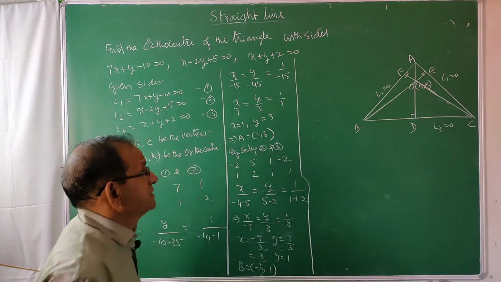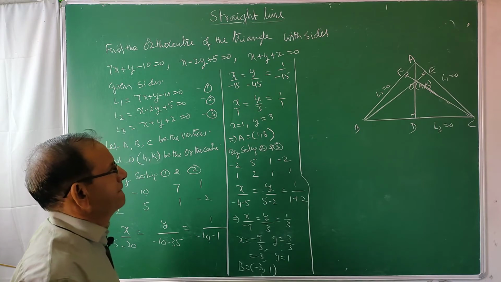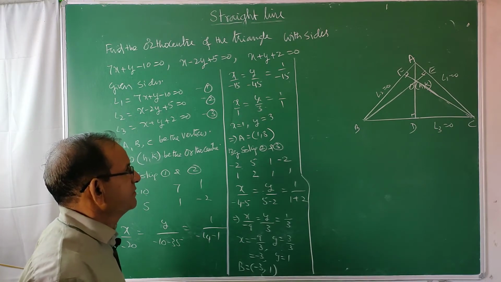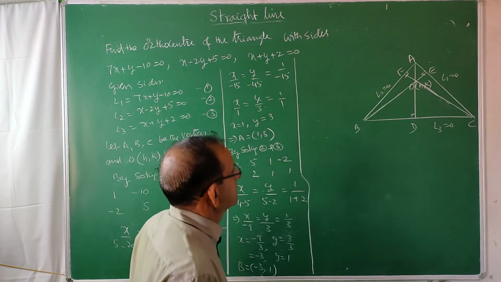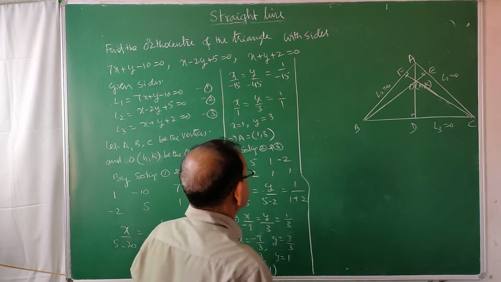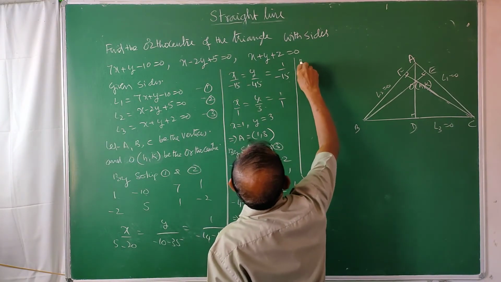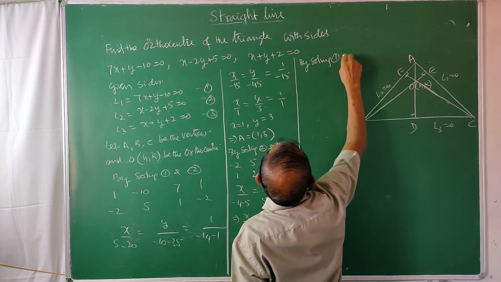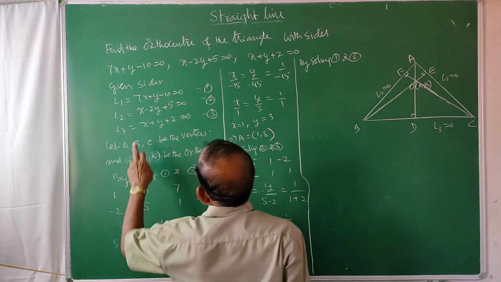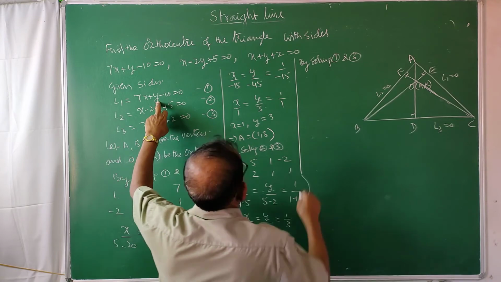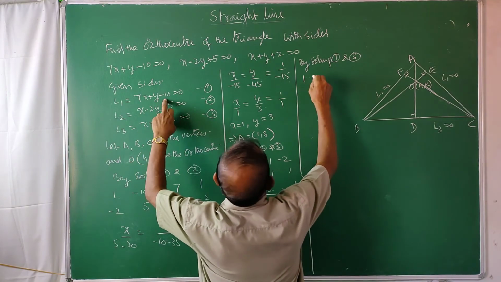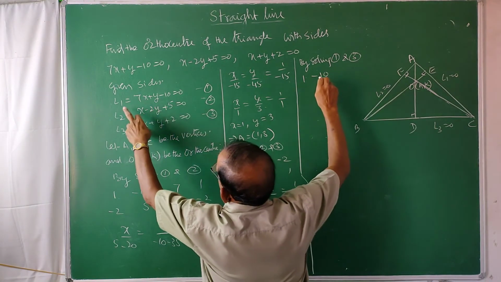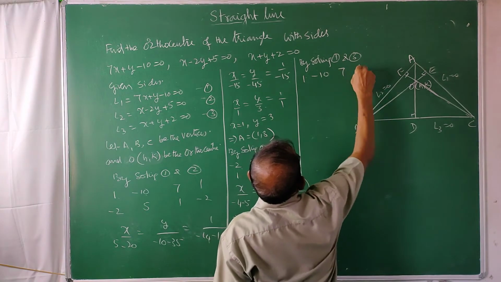Now let us find out C also by solving 1 and 3. From 1, y coefficient 1, constant minus 10, x coefficient 7, and repeat 1.